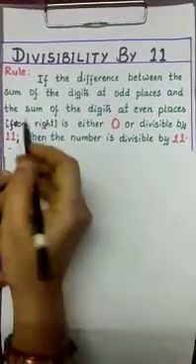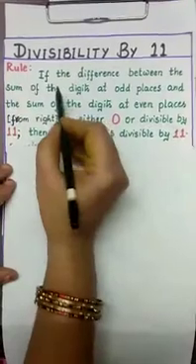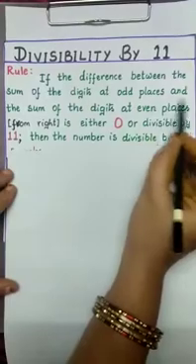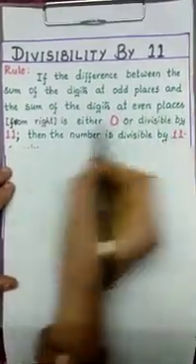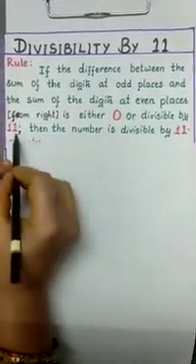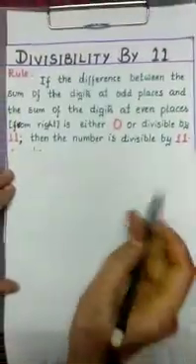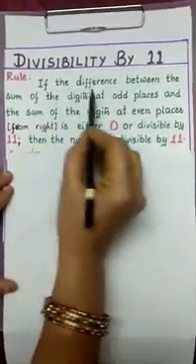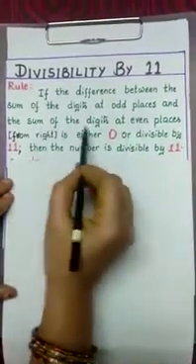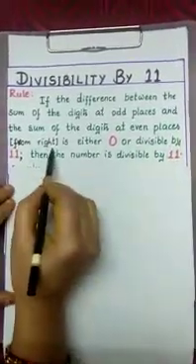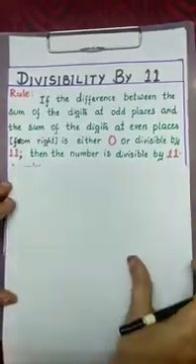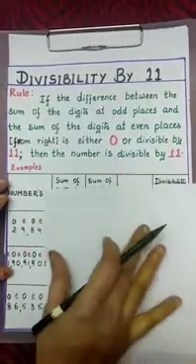Divisibility by 11: if the difference between the sum of the digits at odd places and the sum of the digits at even places from right is either 0 or divisible by 11, then the number is divisible by 11. See here we have some examples.